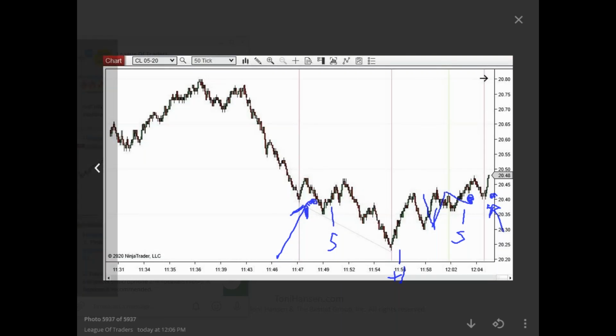So check that out, exactly at that level we were just talking about. So really, really perfect timing on this one here.